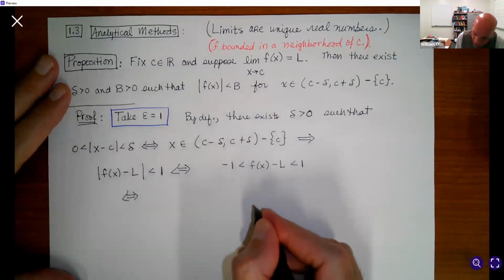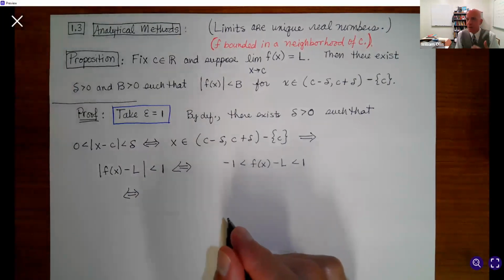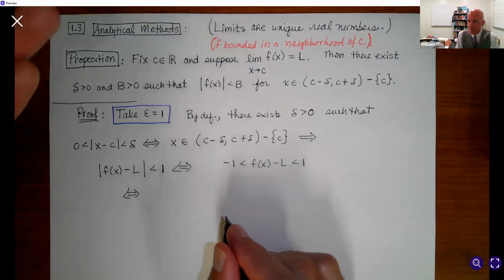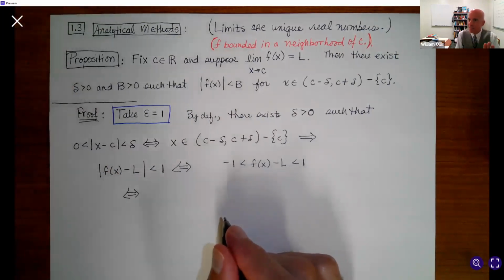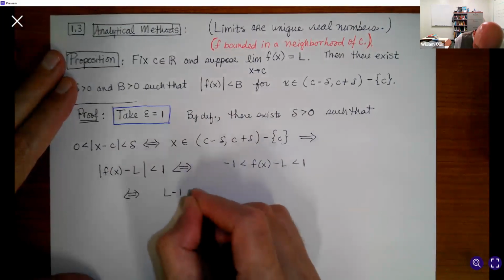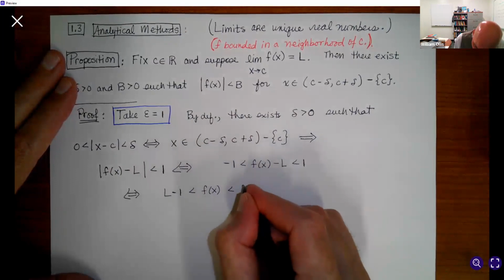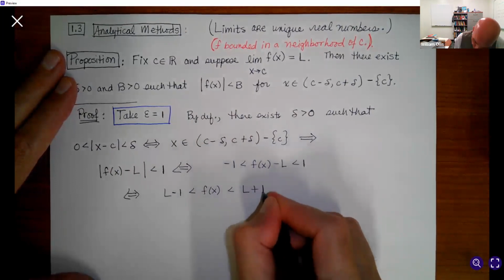This is kind of like what we did before when we were doing our estimates. The estimates I set up in the first lecture really help you do the theorems in this section, but you've got to get used to it. So now we've got L - 1 < f(x) < L + 1.